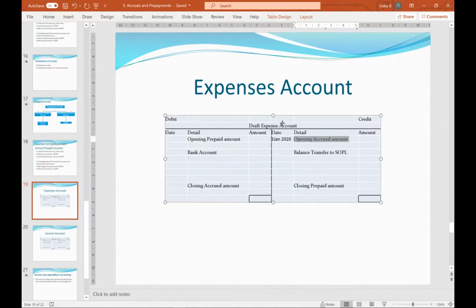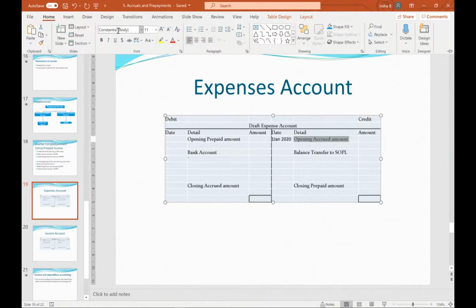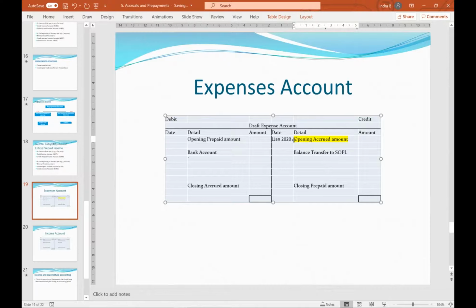So this is what we learned. On the other hand, if it was not an accrued amount but a prepaid amount, either this will be there or this will be there. Either the expense may be accrued or it may be prepaid. For each expense, we may prepare a separate account.